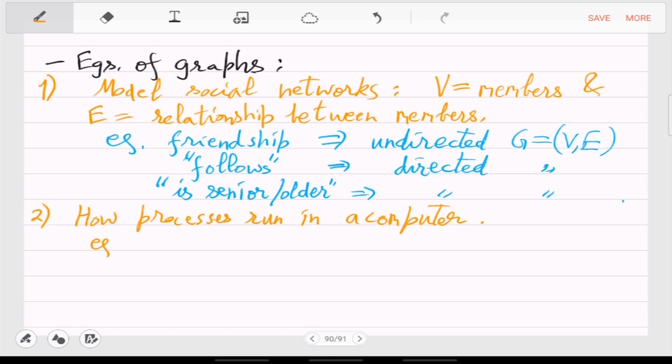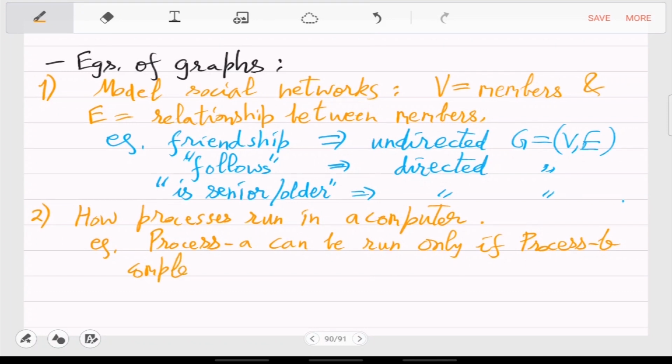For example, process A can be run only if process B completes. If there are these kinds of relationships between processes, then that has to be recorded. It doesn't make sense to run A when B is still waiting. So this is called the precedence graph.